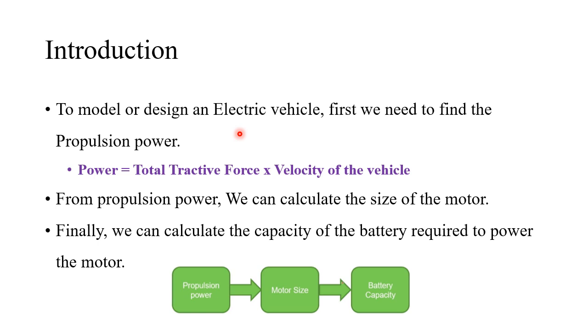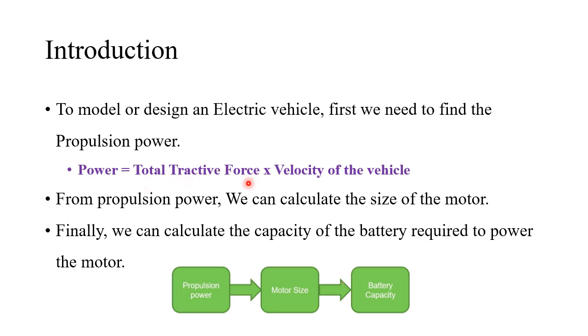To model or design an electric vehicle, first we need to find the propulsion power. The propulsion power is calculated using the formula: propulsion power is equal to total tractive force multiplied by the velocity of the vehicle, right?